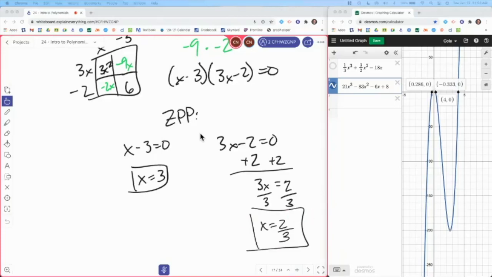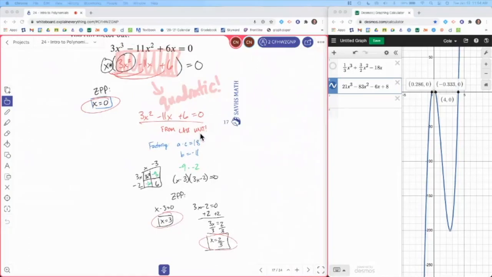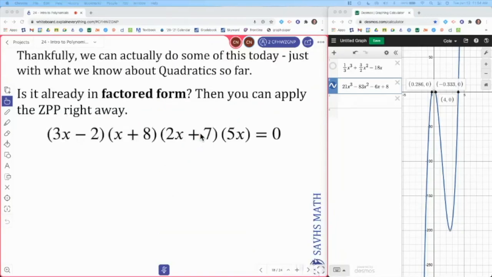So check this out. I have one answer, I have two answers, and way at the beginning here, I had a third answer. So I know that there's a lot of steps here, and there's just going to be a lot of steps in all these problems in this unit. But we're getting 3 answers from this equation that we basically knew how to do most of the stuff in. Okay.